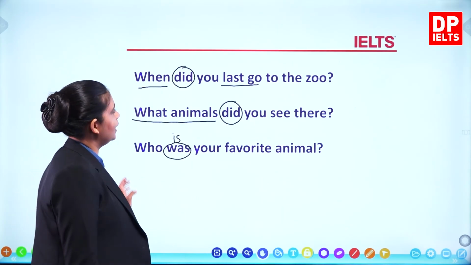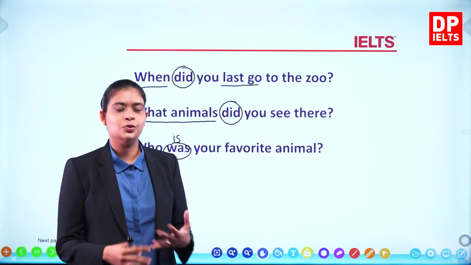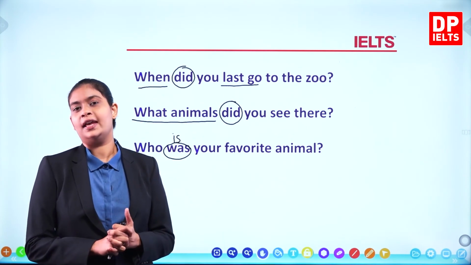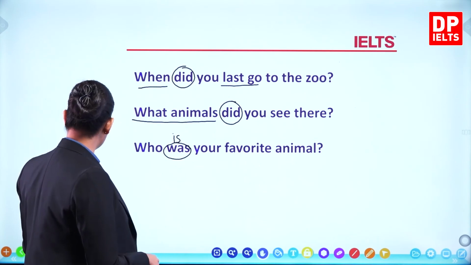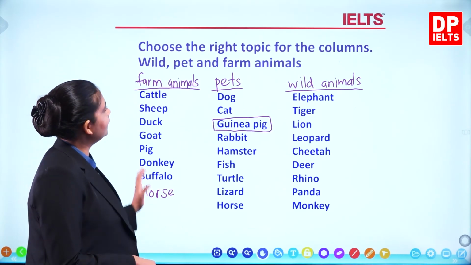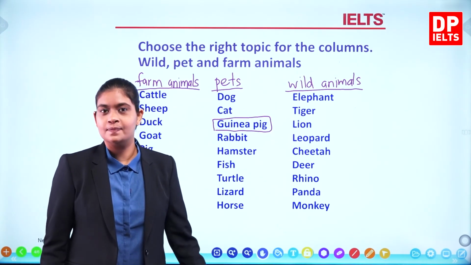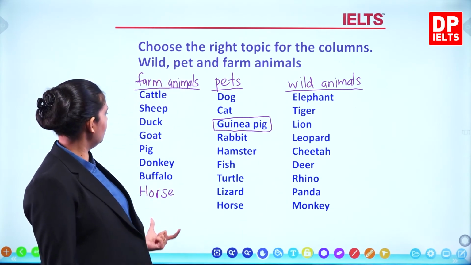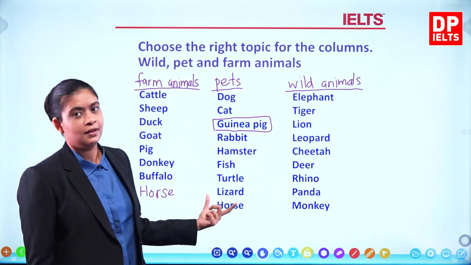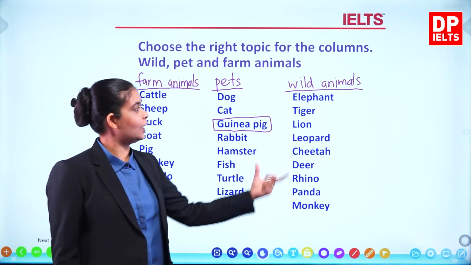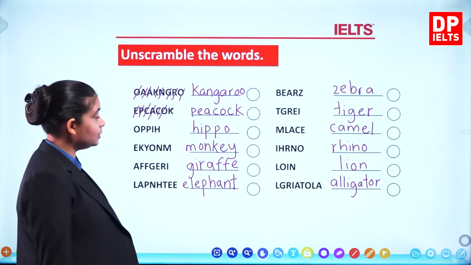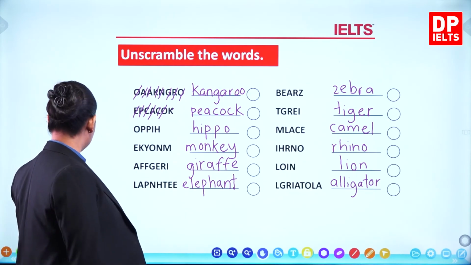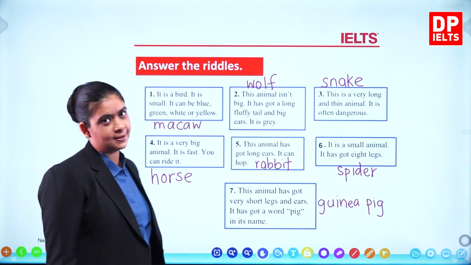Then, of course, I gave you 3 questions just for you to understand how it comes along in your speaking test. And we had a look at some of the answers. And then to put them in the right columns, there were farm animals, then we had pets, and we had wild animals. And then we had to unjumble the words. And finally, we did some riddles.